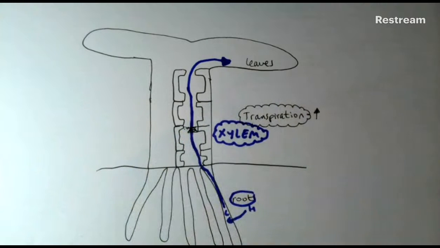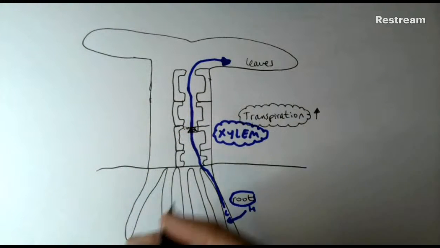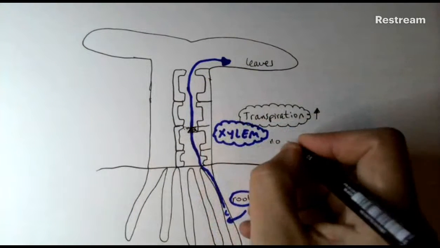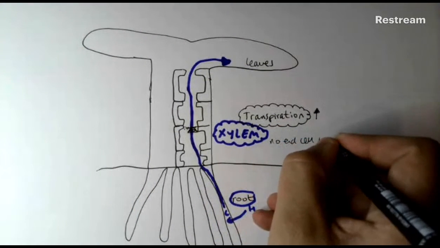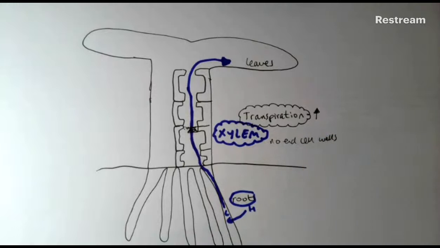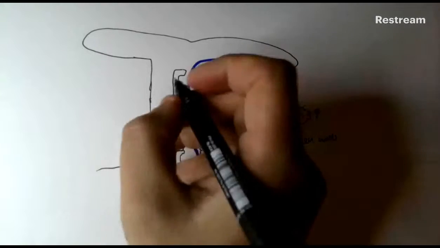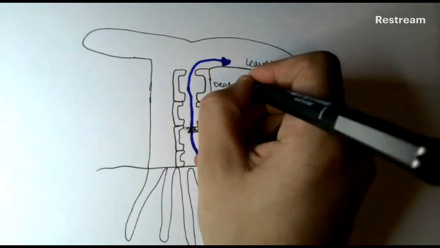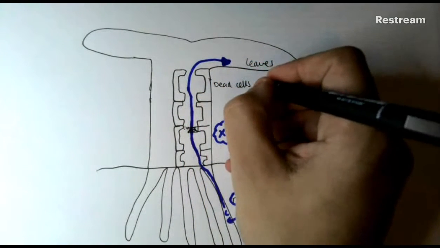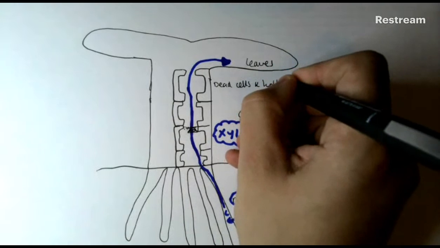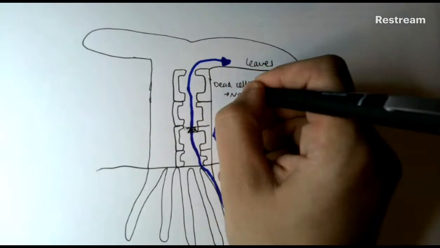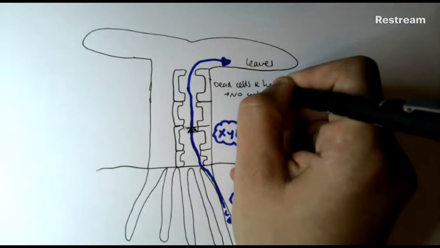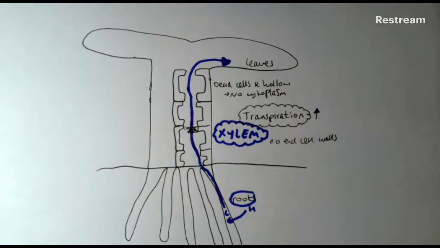But there aren't any end cell walls. Next, they are dead cells, and they are hollow with no cytoplasm.